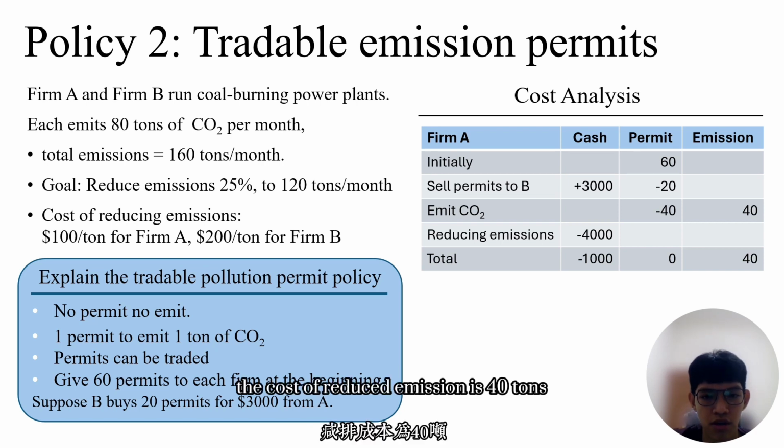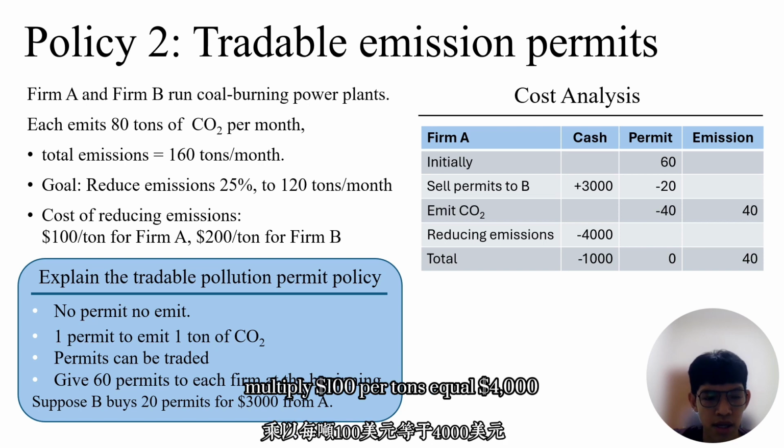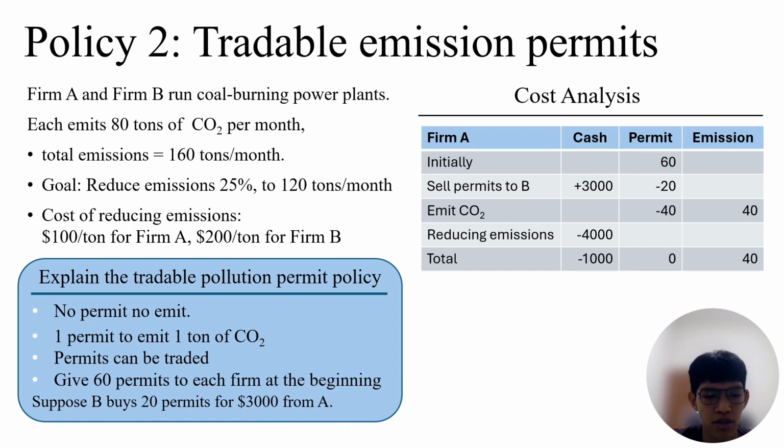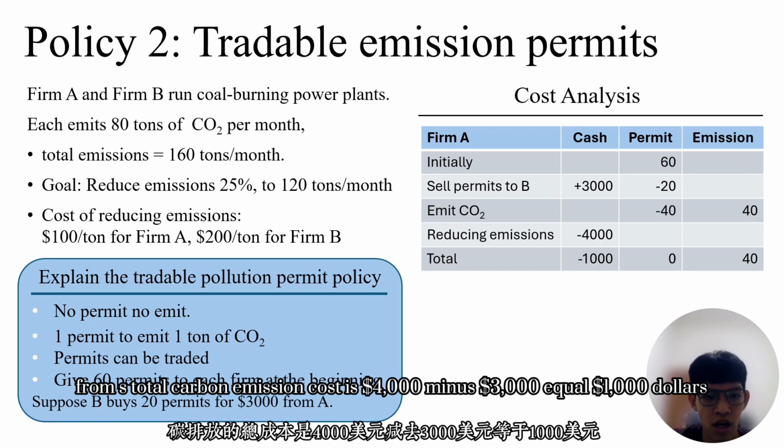The cost of reduced emission is 40 tons multiplied by $100 per ton, equal to $4,000. Firm A's total carbon emission cost is $4,000 minus $3,000, equal to $1,000.